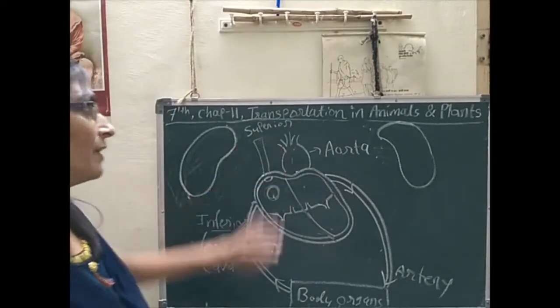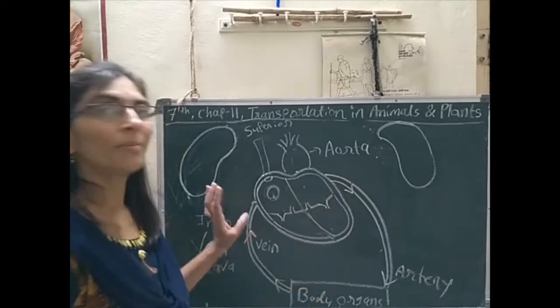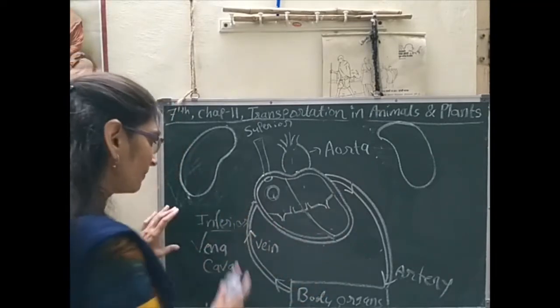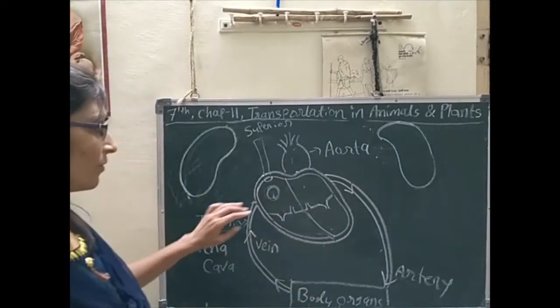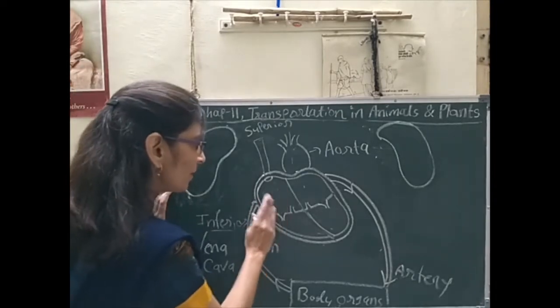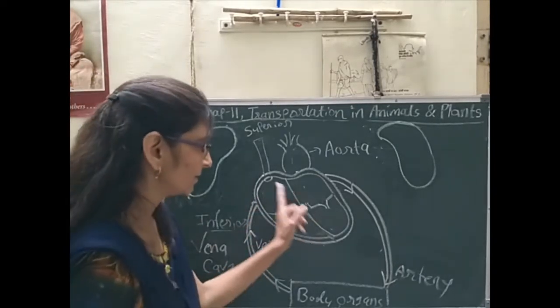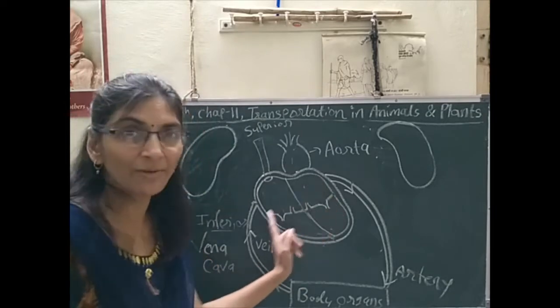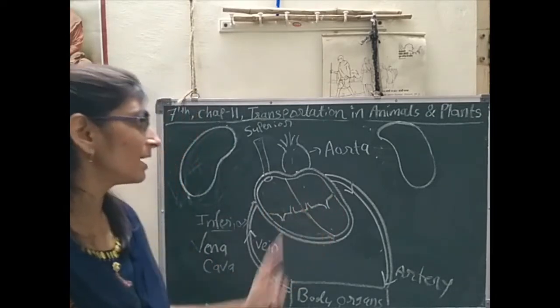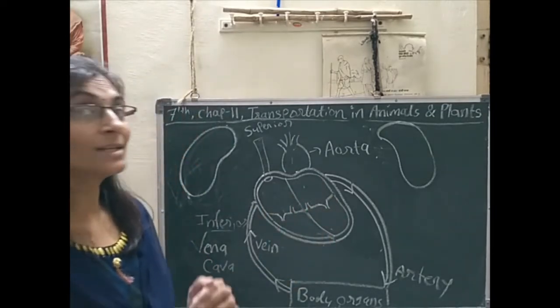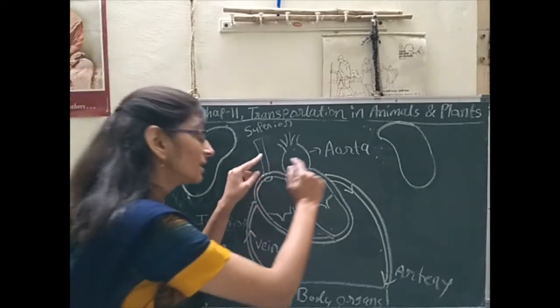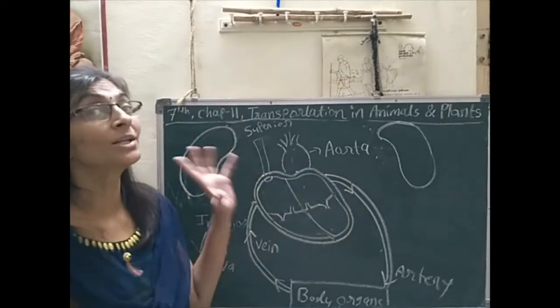Again, we will see the structure of the heart in detail here. How is the heart? Just now we have discussed that the heart has 4 chambers. So how is the heart at first? It is a double layered muscular chamber.